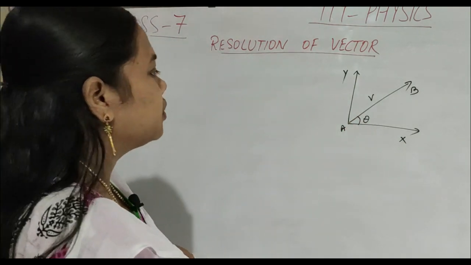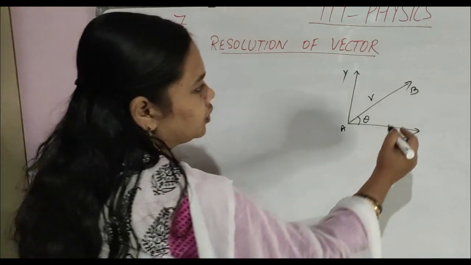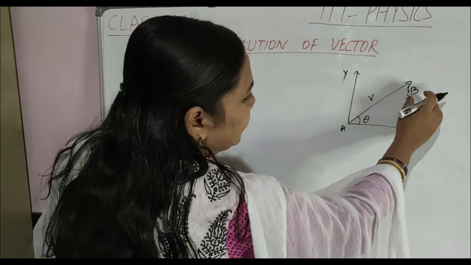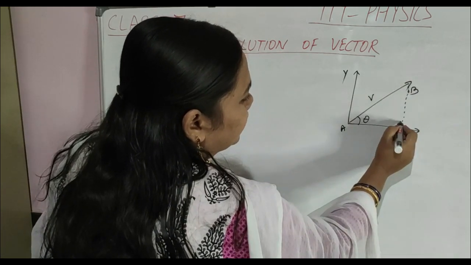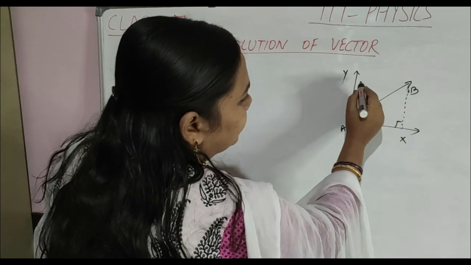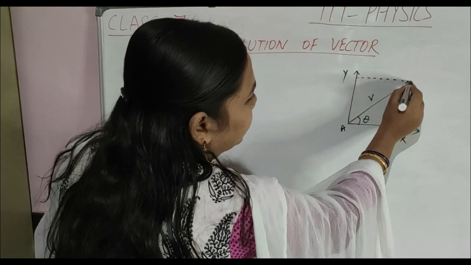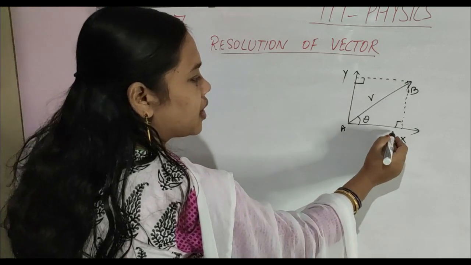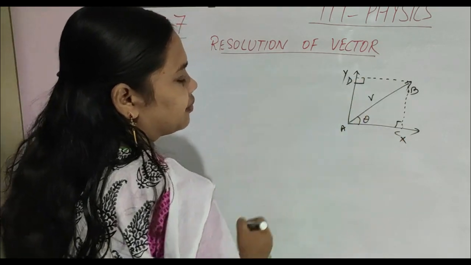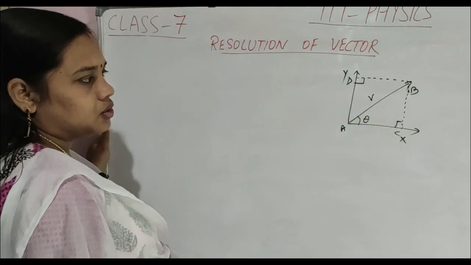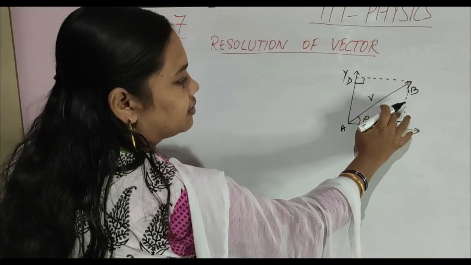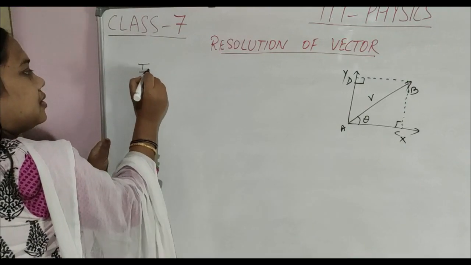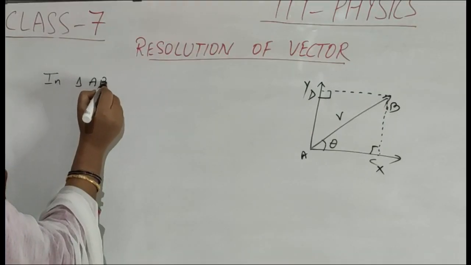Now suppose you draw a perpendicular from this point on the x axis, and here also draw a perpendicular on the y axis. Let these points be C and D. Now consider triangle ABC.